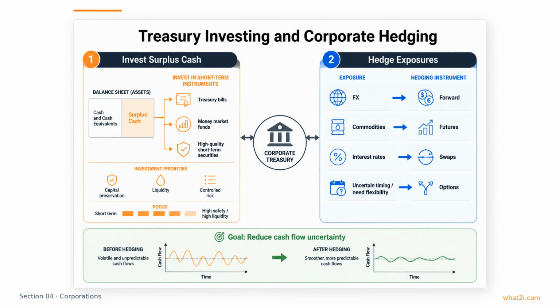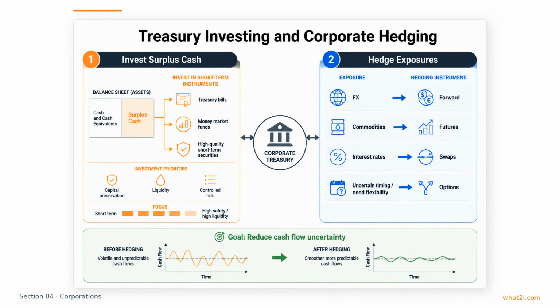On the asset side of the balance sheet, corporate treasury teams usually think conservatively. If the company has surplus cash, the priority is typically capital preservation, liquidity, and low risk rather than chasing yield. That is why cash is often placed in instruments such as treasury bills, money market funds, or other high-quality short-term securities.